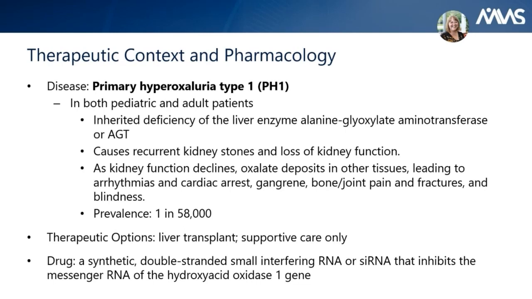During the discussion of the trial design, the agency agreed that if the change was substantial, meaning that patients with a high baseline level of urinary oxalate would near normalization, they would accept this as the basis for a full approval. In addition to the rarity of the disease, this agreement was predicated on the knowledge of the pathophysiology of the disease and the role that urinary oxalate plays in disease progression.